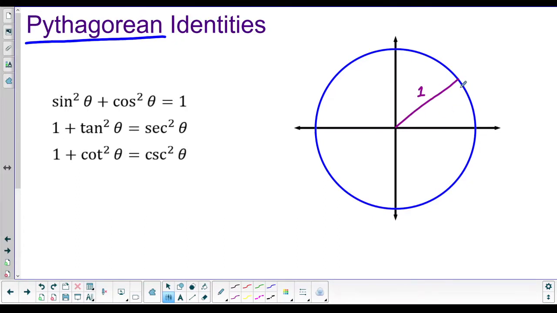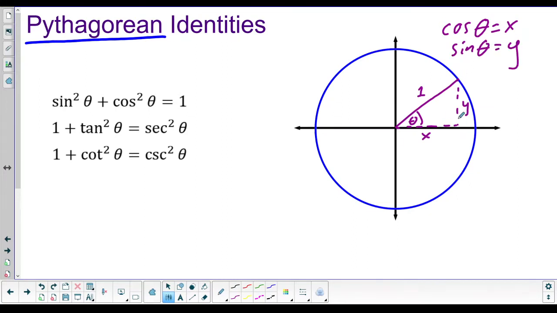And we can break this up into a right triangle where this is the y coordinate, this is the x coordinate, and we have some really easy ways to calculate x and y. We know that cosine of theta, where theta is this angle right here, equals x, and sine of that same angle equals y.